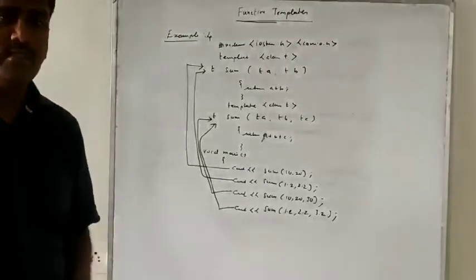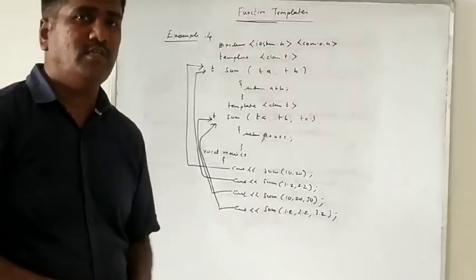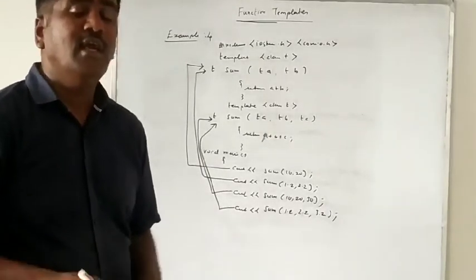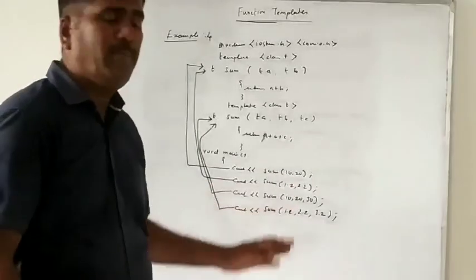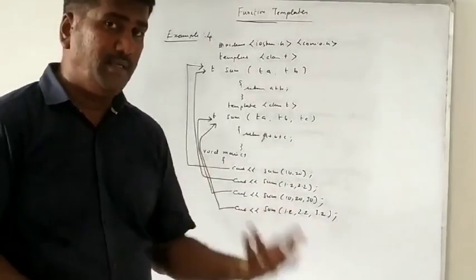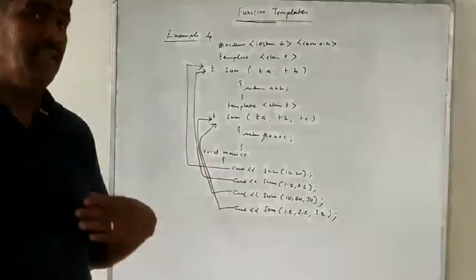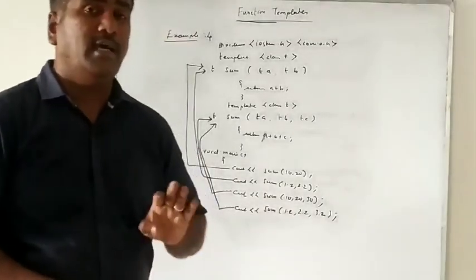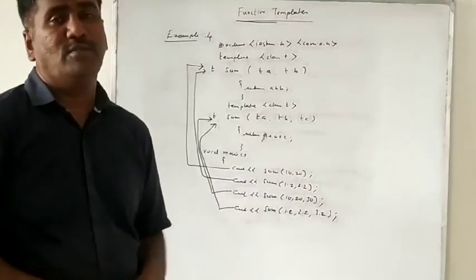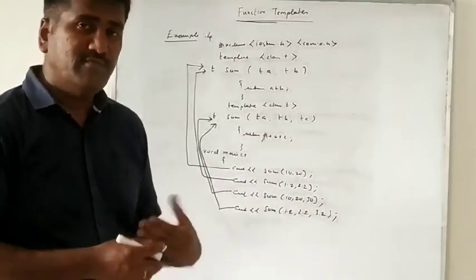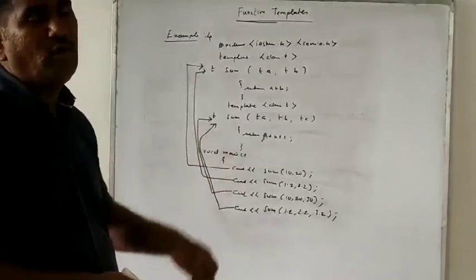Function overloading is nothing but the same function name used in different situations. How to make the different situations? You already know: you pass different parameter data types, a different number of parameters, and also a different order of parameters passed to that function.